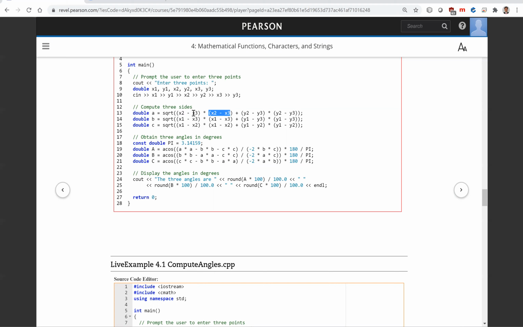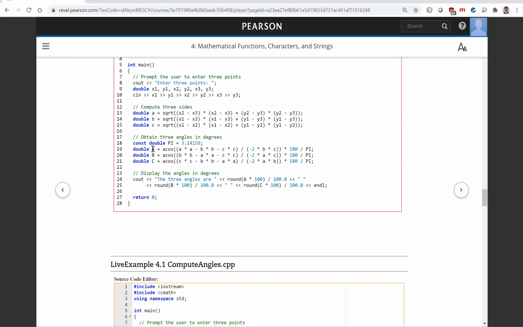This is to get the square of x2 minus x3, plus y2 minus y3 squared. Similarly, we get b and c.